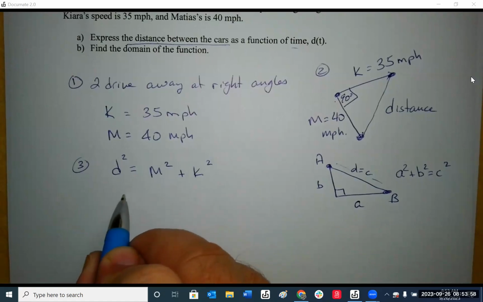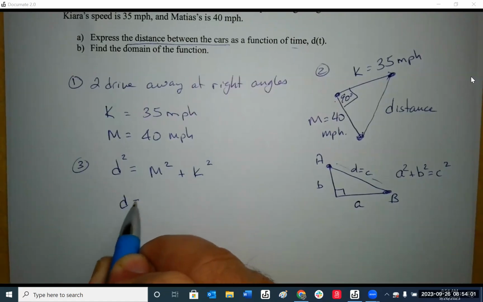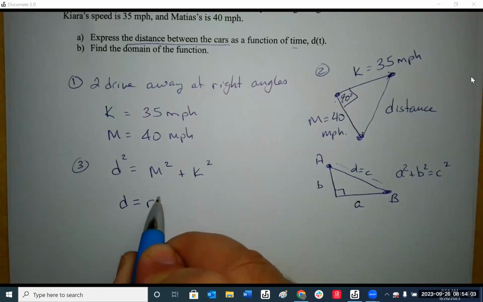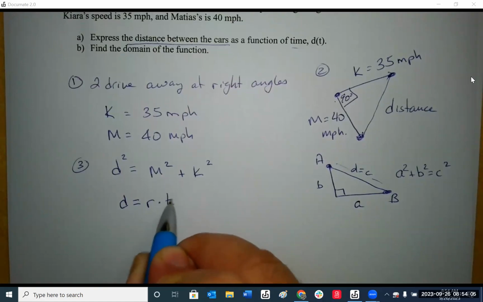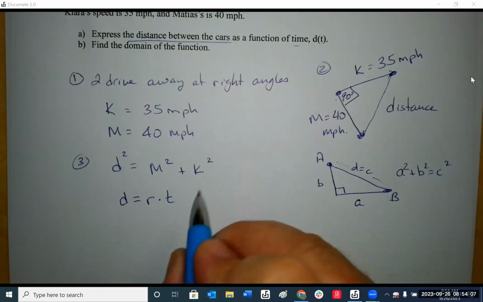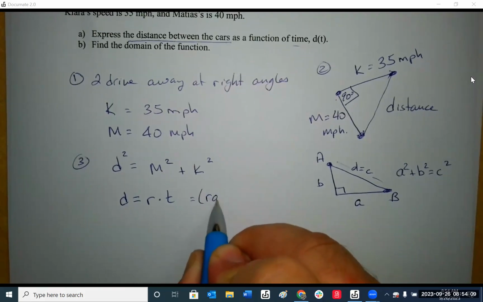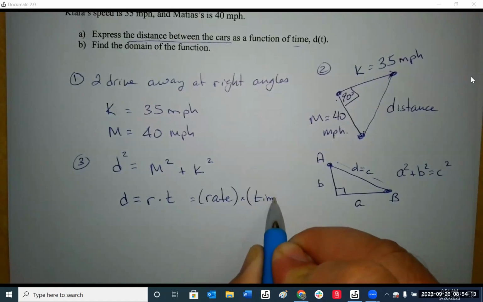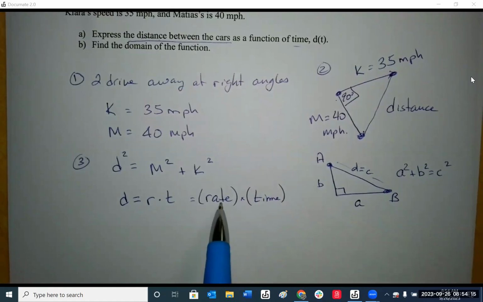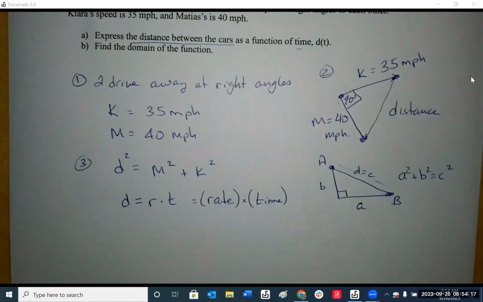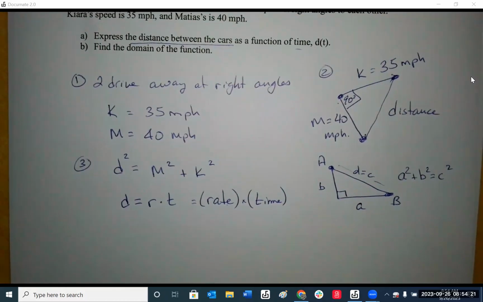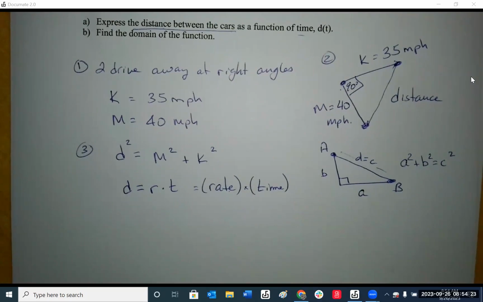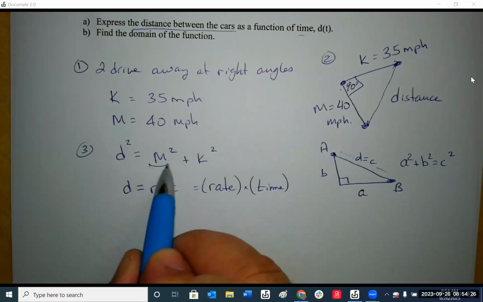We also know that distance equals rate times time. Rate times time. How fast are you going for how long? So that's what these are.